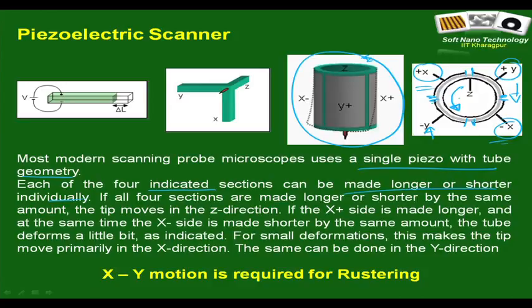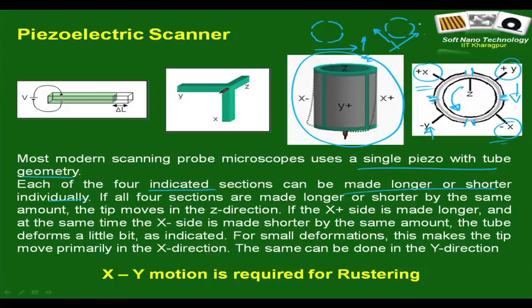So if you now rotate the whole thing, let's say initially these were the 4 sections responsible for movement in this and this direction, and now what you have, let's say, is something like this. So this will be responsible for movement in this and this direction.